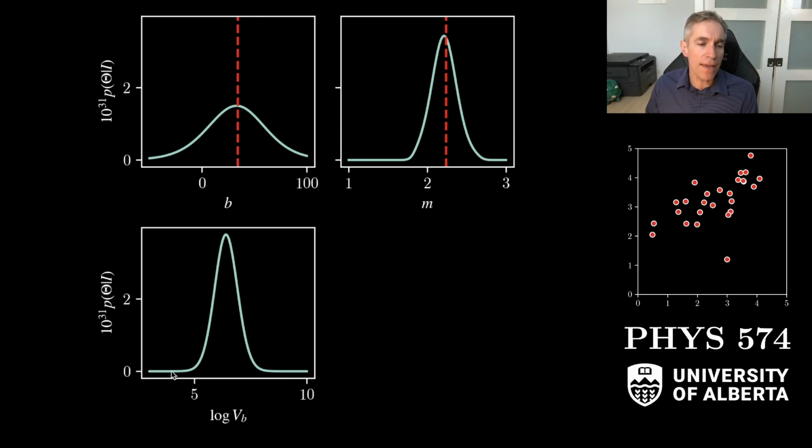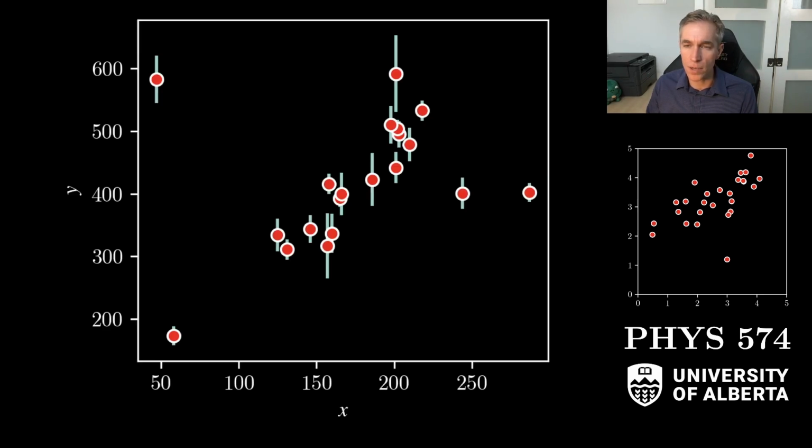And then I get a value for the log of the variance here. So that's 6-ish, and so that's e to the 3, or about 30, which is about the characteristic error bar size for our original data set. So plus or minus 30 would be a good average error to add onto this to get back to the right relationship. So we can actually infer whether there is scatter in the data.